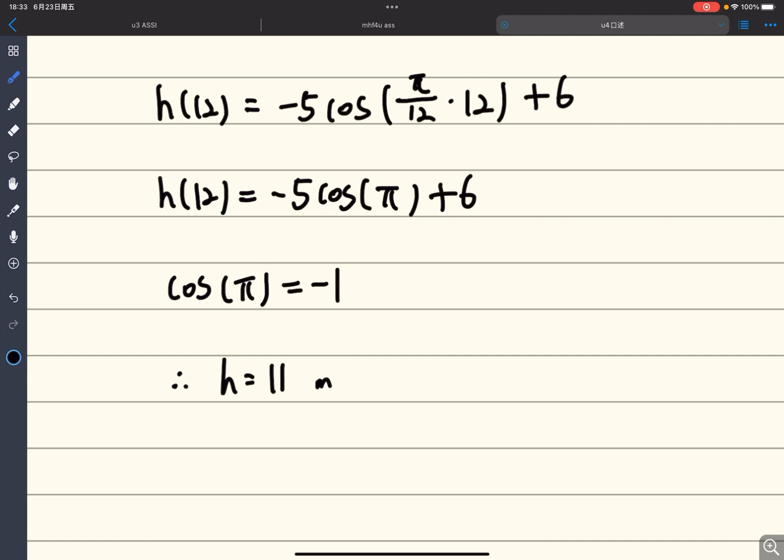In addition, t equals 0 seconds and t equals 24 seconds are also good checkpoints because at both times passengers should be at the lowest point of the Ferris wheel. When t equals 0 seconds and t equals 24 seconds, the height of the passenger is 1 meter. This is in line with our expectations, as both of these time points are the moments when passengers are at the lowest point of the Ferris wheel.